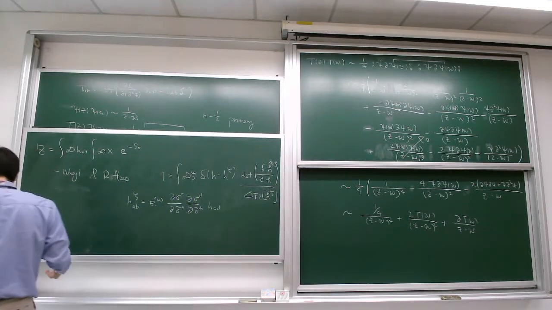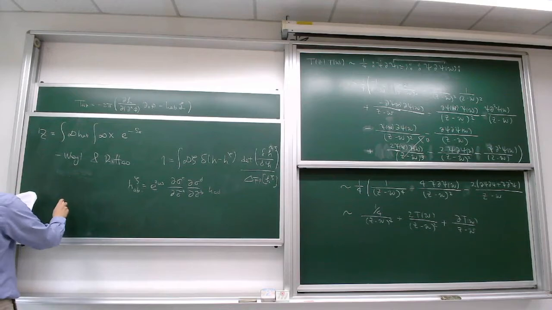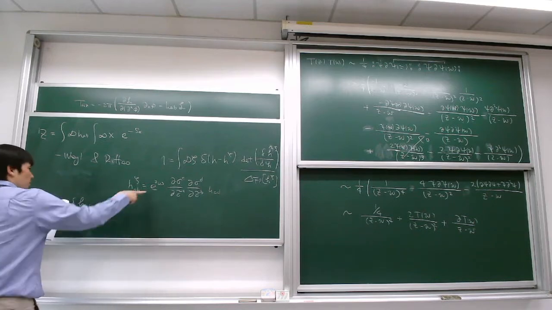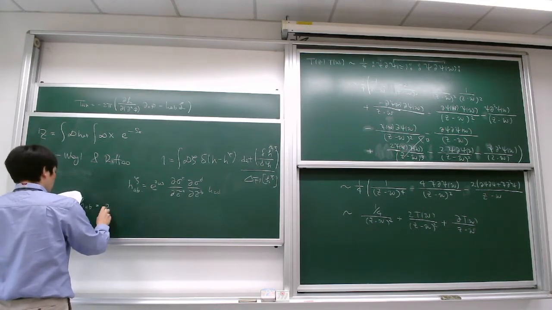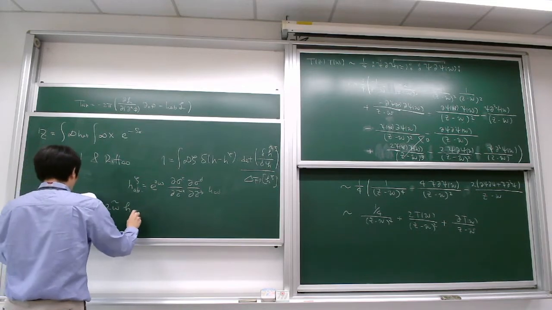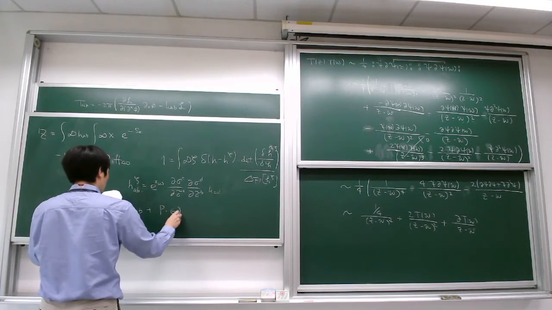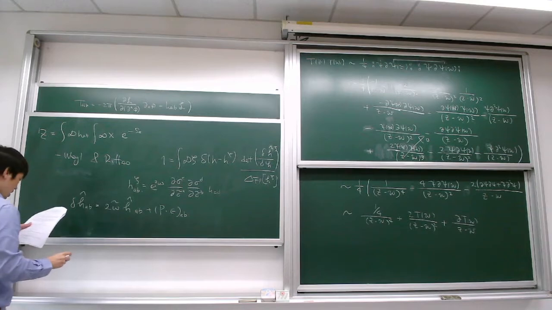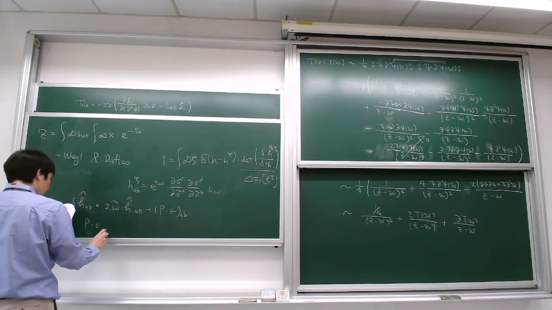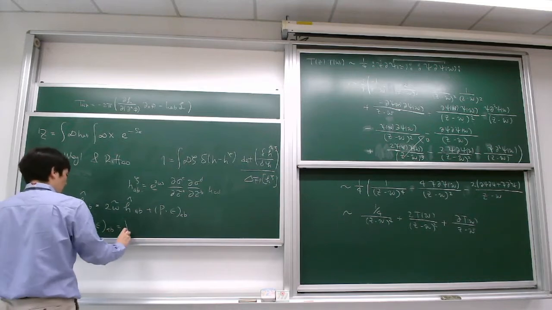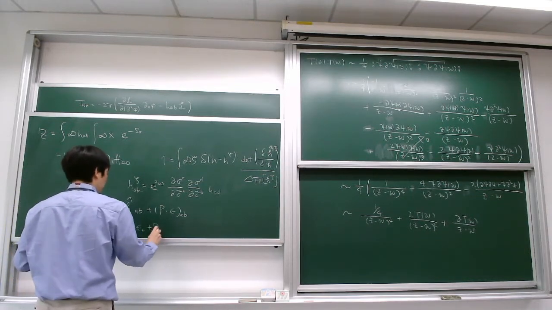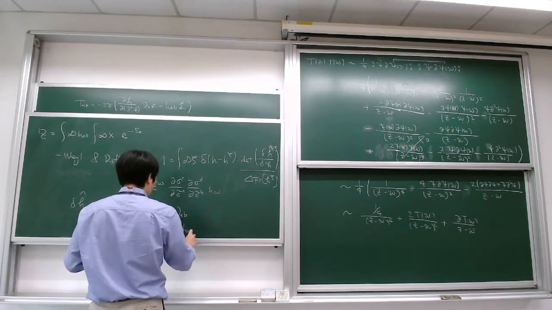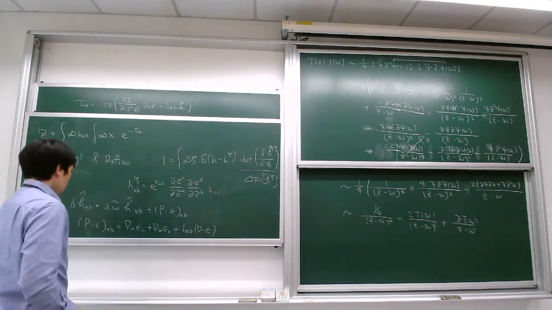To insert this one, I just use the fact that delta h_ab, the infinitesimal version of this one, is indeed 2 omega tilde h_ab plus (P epsilon)_ab, where P is the so-called conformal Killing vector operator.